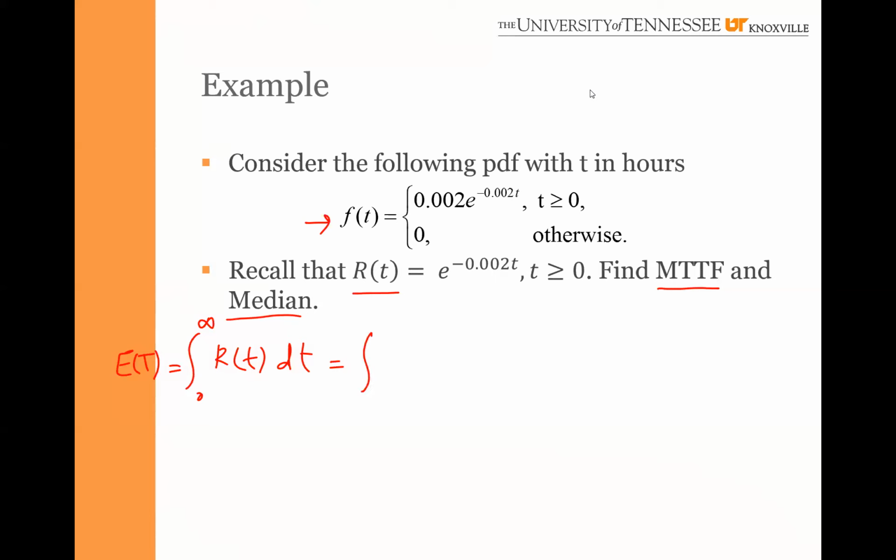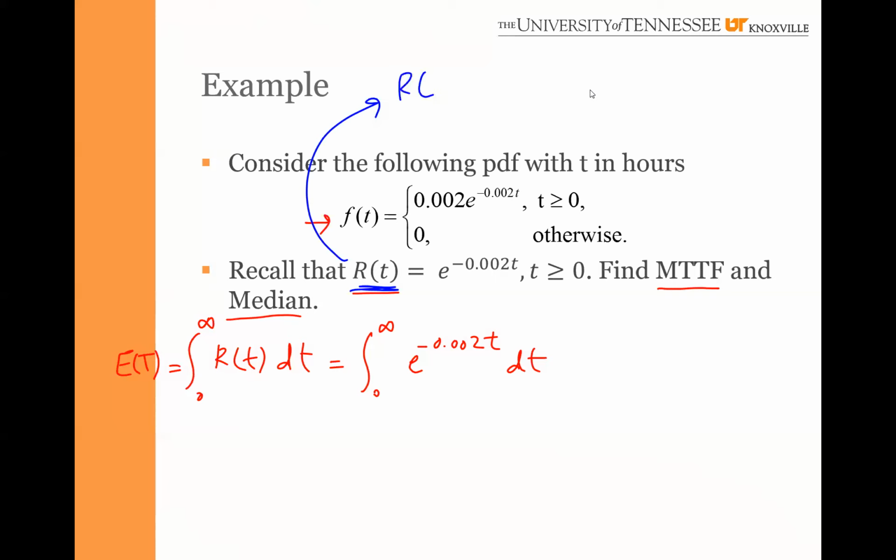So we are integrating from 0 to infinity of e to the minus 0.002 t dt. Somebody asked, do we have R(t) or can we calculate R(t)? Let's refresh our memory. We can calculate R(t), right? I'm giving you that because I'm feeling generous here, but in the exam, I may not feel that generous. So you should be able to calculate R(t).